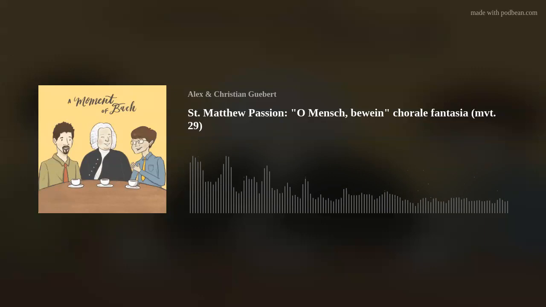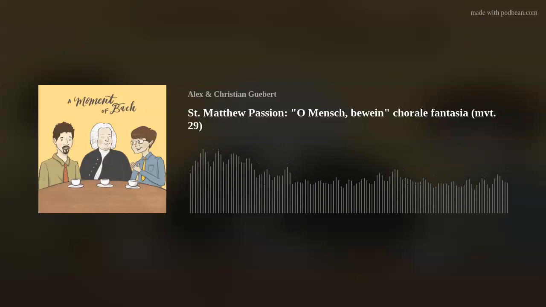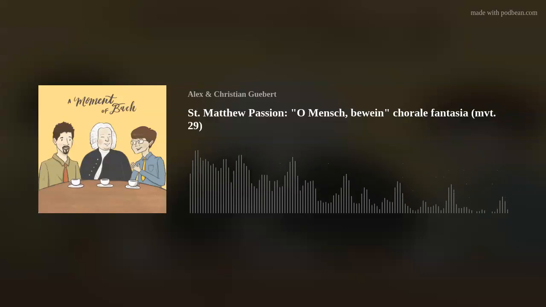Bach chooses something very similar to this, right? In the key of E flat, he chooses a C flat. He makes a moment out of it by specifically labeling it at a slower tempo, adagissimo, very slow.